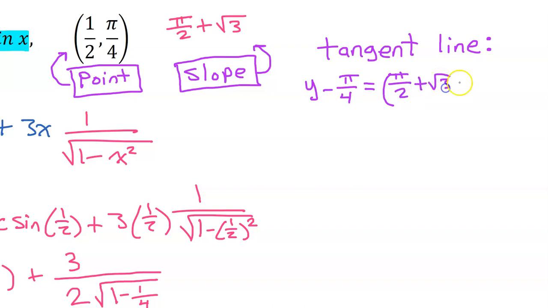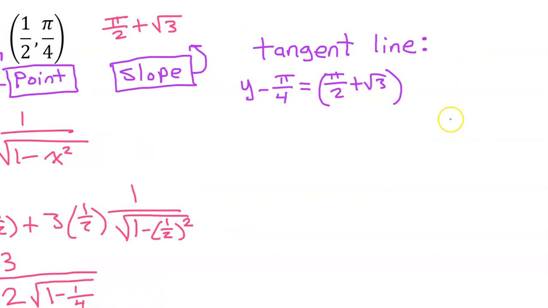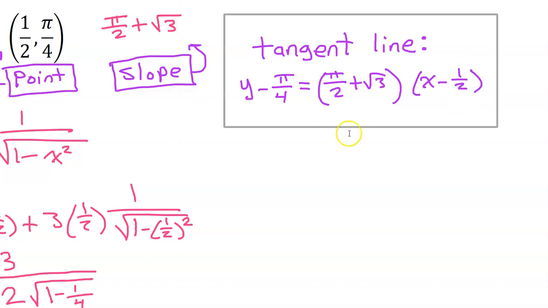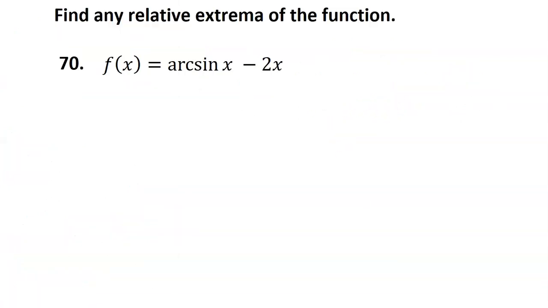So there's our slope, and then we multiply that times x minus the x value of the point, so x minus 1/2. And again, these parentheses are absolutely necessary.